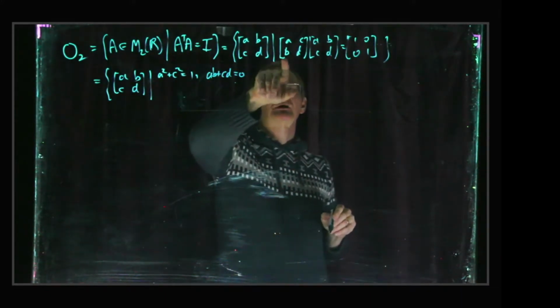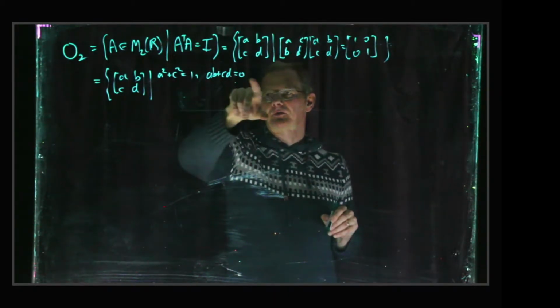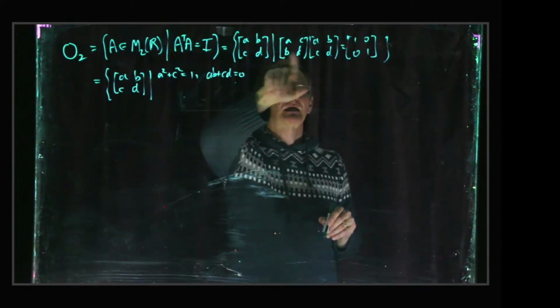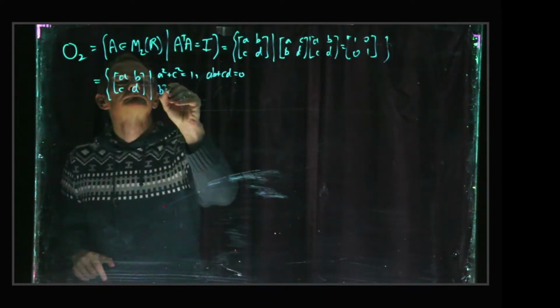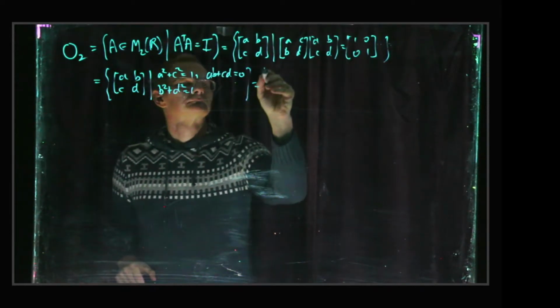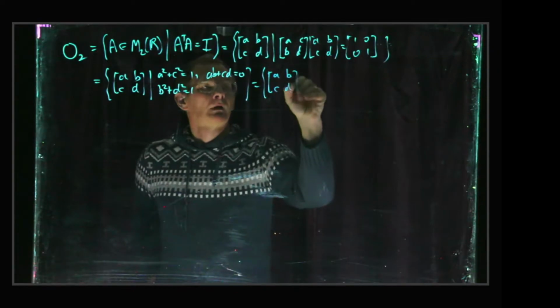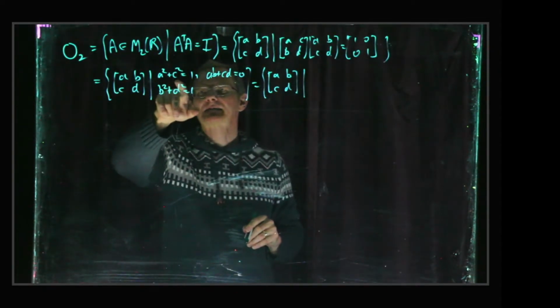The next entry, you get BA plus DC has got to be equal to 0, but BA plus DC is just the same as that. So we just get the same equation again, we'll ignore that one. Then you get B squared plus D squared has got to be equal to 1. And we could rewrite this in a slightly different way. This is saying that AC is a unit vector.